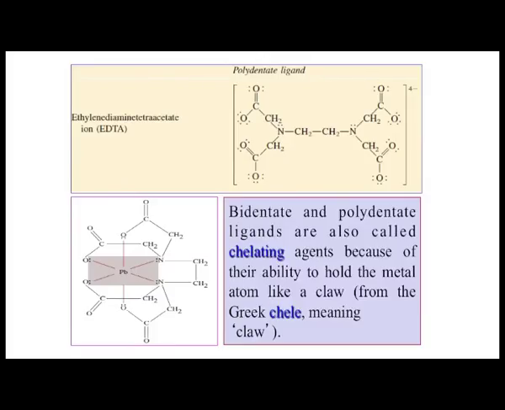But if we extend it further in terms of the corresponding backbone, this is a basic example of a polydentate, but the exact definition for that particular ligand is hexadentate. That means this particular ligand has 6 donor groups. This nitrogen, and these are the charged oxygens.